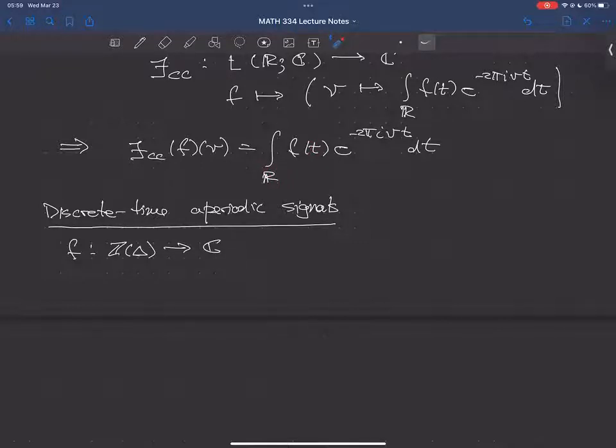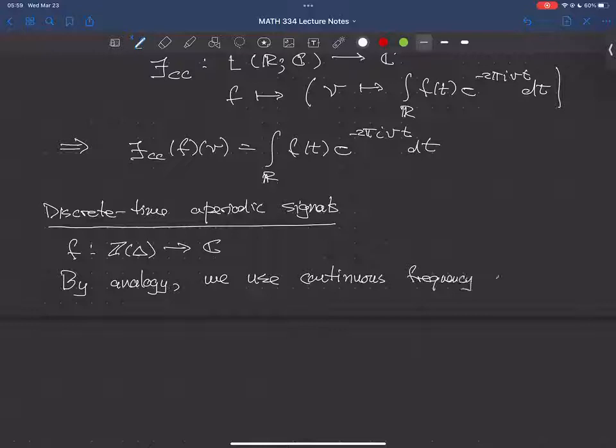So by analogy, we use continuous frequency and we sum over our discrete times.